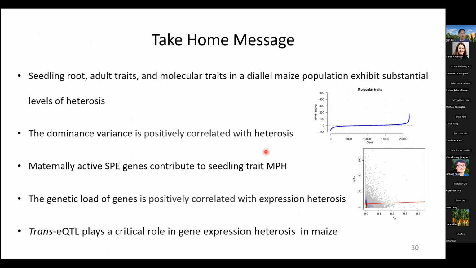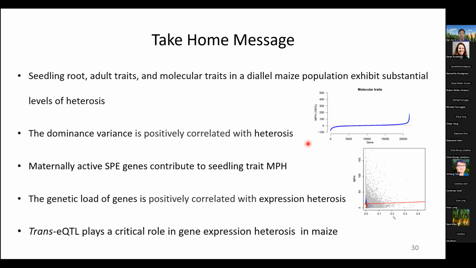So here is a summary. In this study, we found seedling, adult, and molecular traits exhibit a substantial level of heterosis. And we found that dominance variance is positively correlated with heterosis.